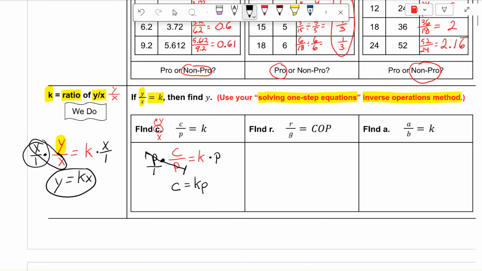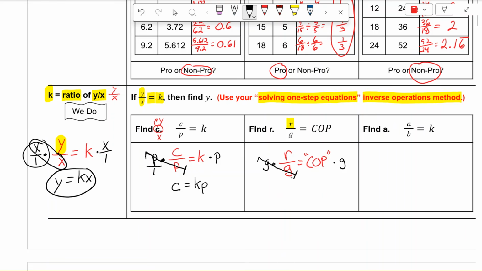You just know what they do. So this one's find r. So we're looking for r here. That means it's being divided by g. So all we have to do is rewrite the problem. r divided by g is equal to COP. Now, what does COP stand for? It stands for k. All right, so let's not be bothered by that. And r divided by g, we're going to get rid of the dividing by g, so we're going to multiply by g on both sides.